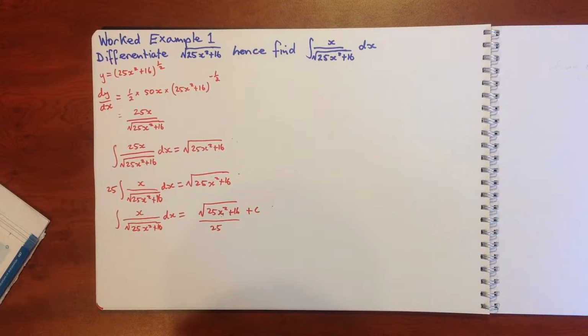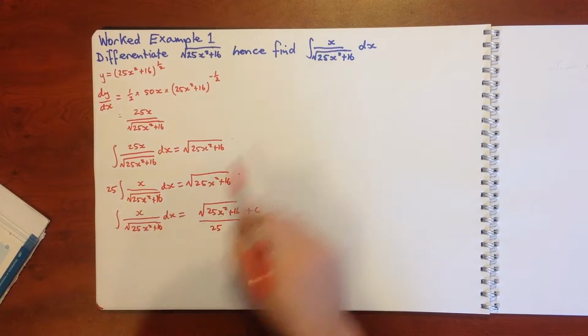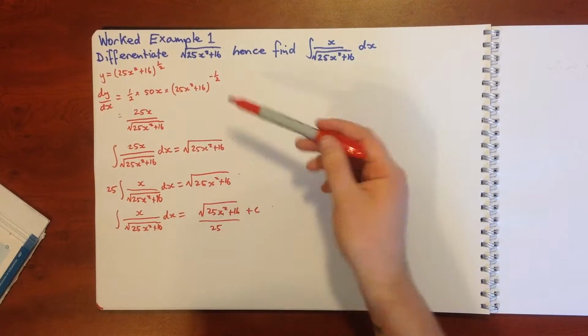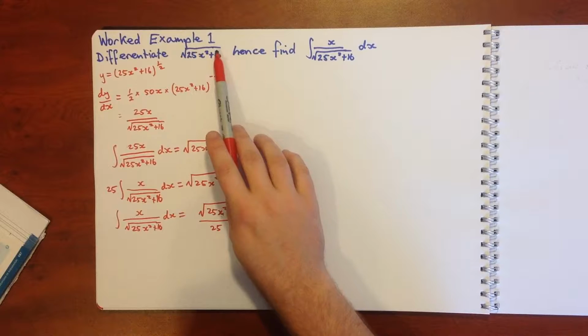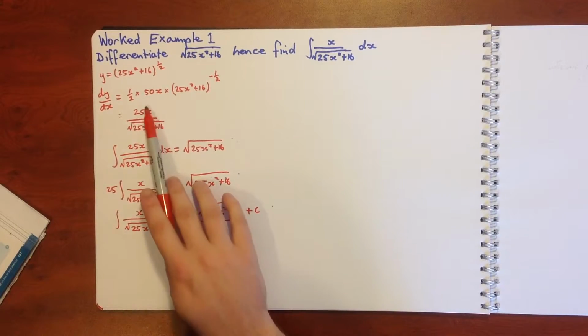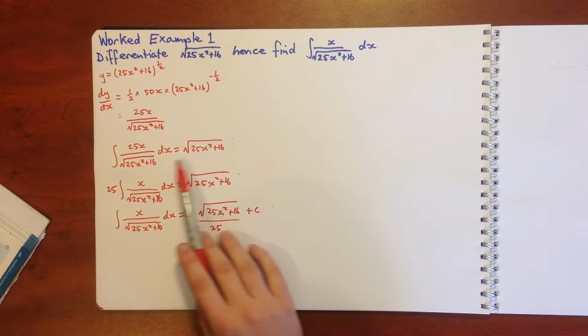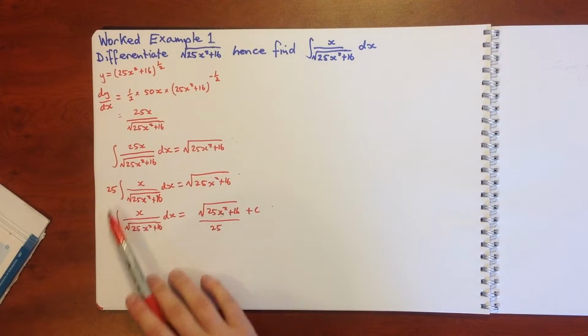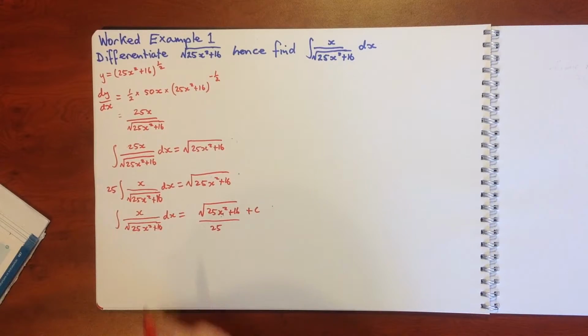And that's our answer, because we've integrated what we were trying to find in the first place. We took the derivative of an appropriate function, integrated our result to get back to our original function, modified our integral so it looked like what we needed, and then rearranged.